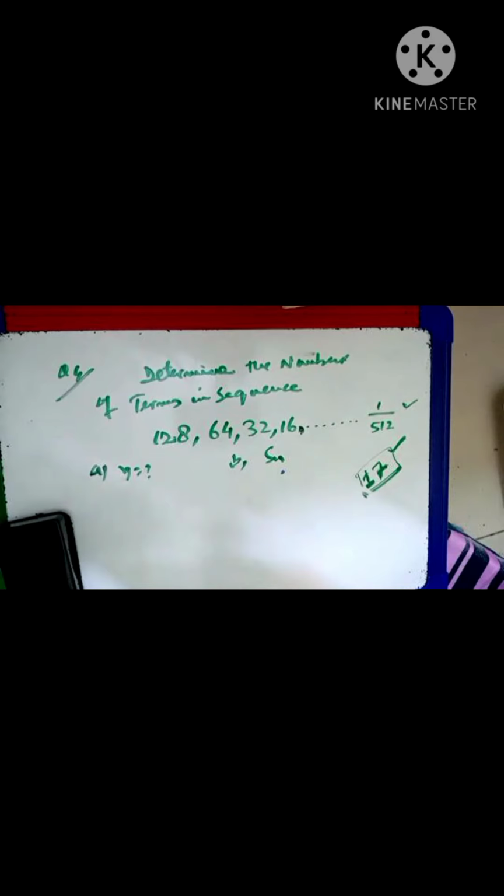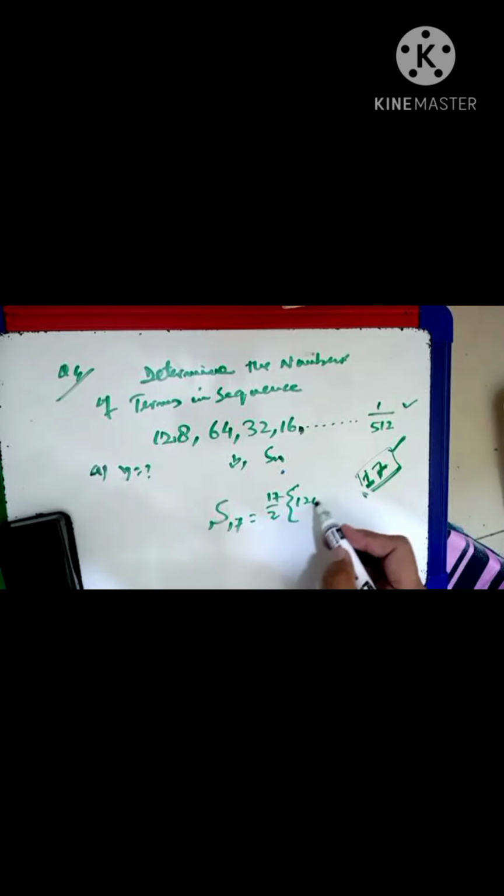It's very easy. You will write S17, or you use that shortcut formula which I told you: 17 over 2, times 2a plus L. A plus L means 128 plus 1 over 512. If the last term is given, you can use this formula, where L is the last term.